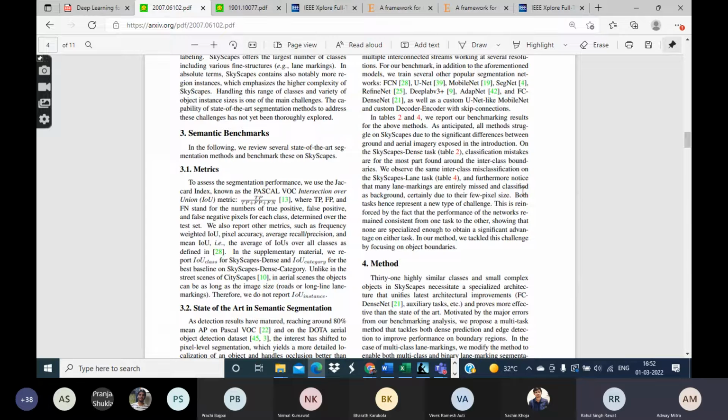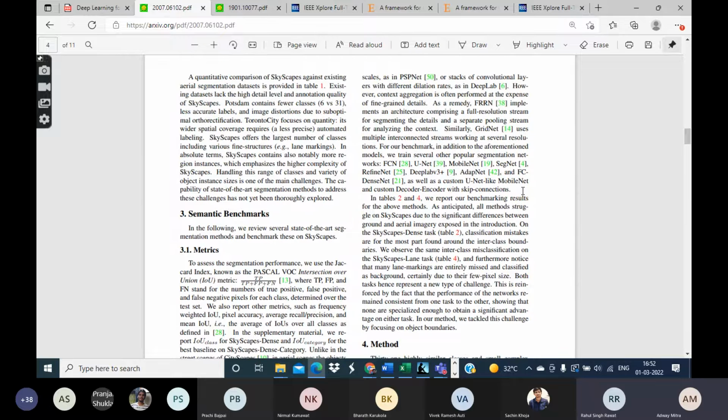It's an old concept in the task of segmentation, but the same concept can be utilized in deep learning also. Instead of stacking the images at different scales, it is also possible to consider stacks of convolutional layers with different dilation rates.